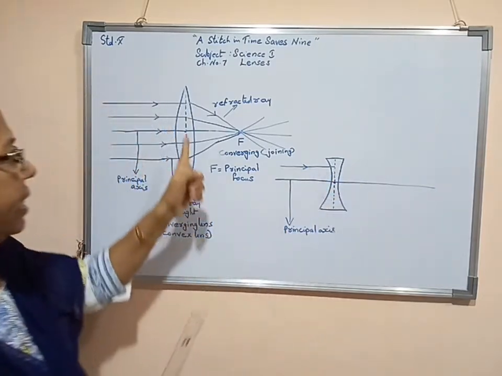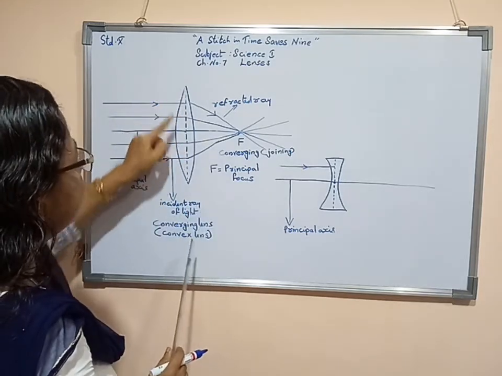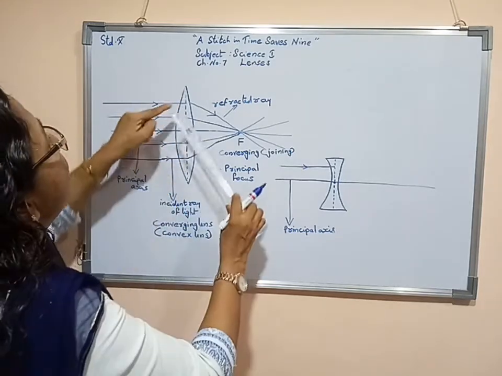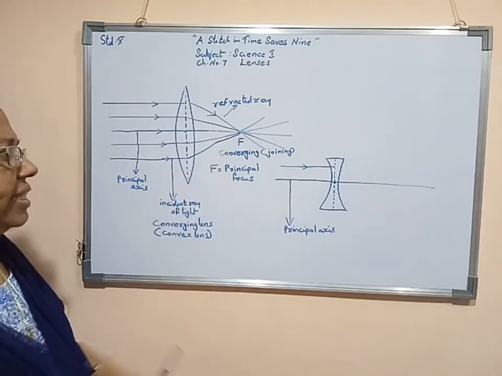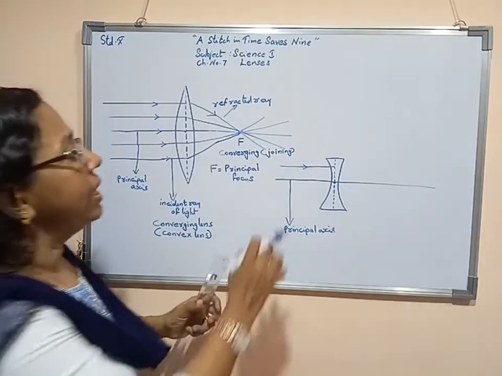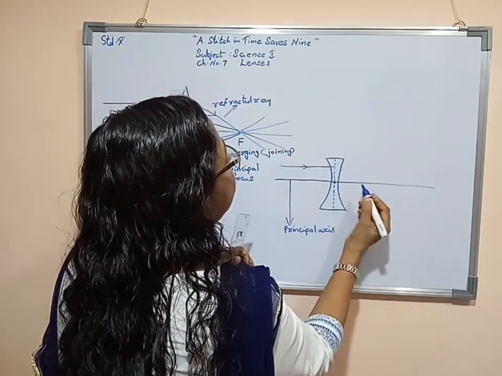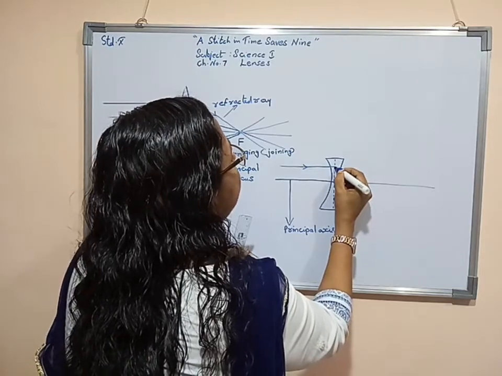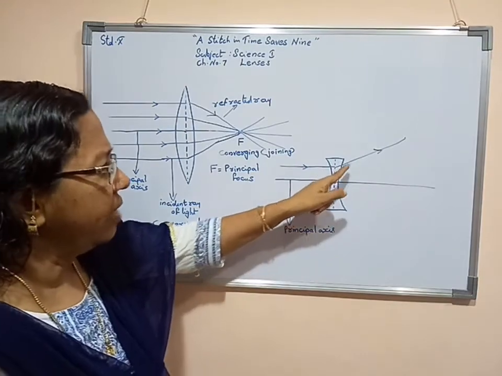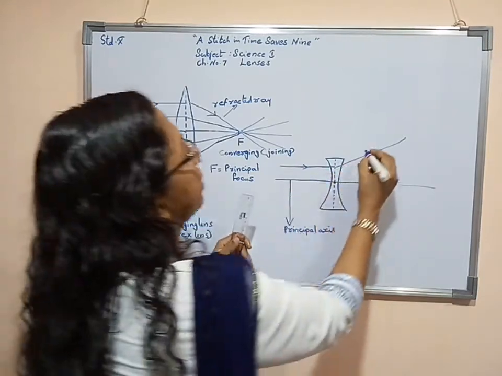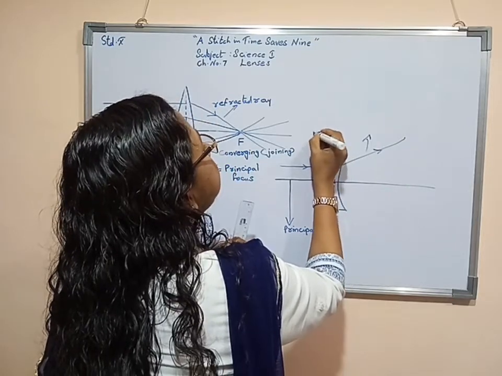Here there is a difference. In the earlier case, once these rays hit the central region of the lens, each ray converges at a point. But here, once this ray hits the center of the lens, it diverges and goes in another direction. So again, this is the refracted ray, and this is the incident ray.